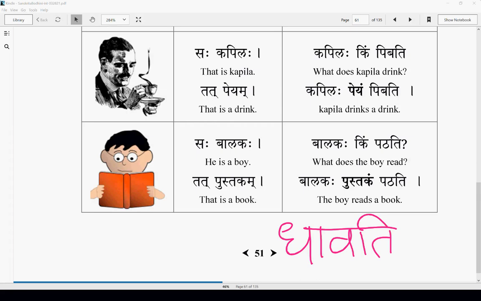She is running. That's it. Action is not happening on anything. So on some kriya padam, it makes sense to have a karma padam, and on some kriya padam, it doesn't make sense to have a karma padam. Okay?